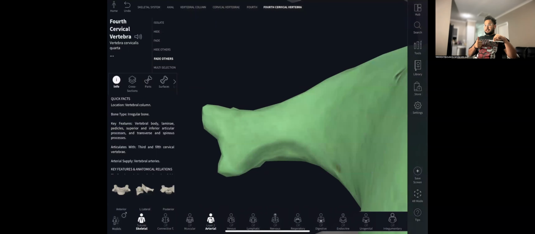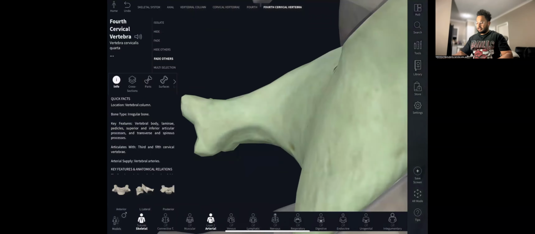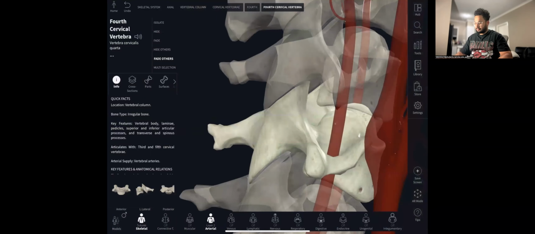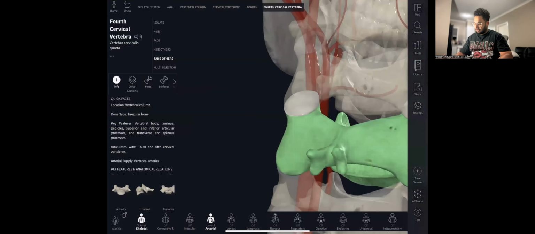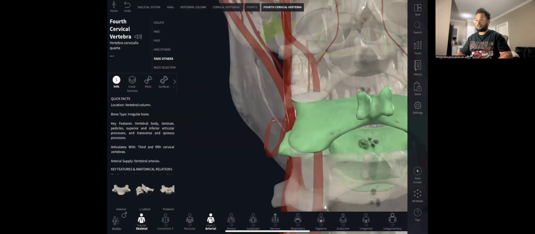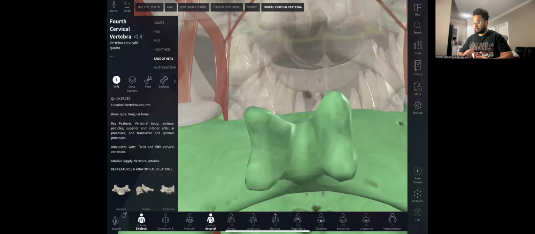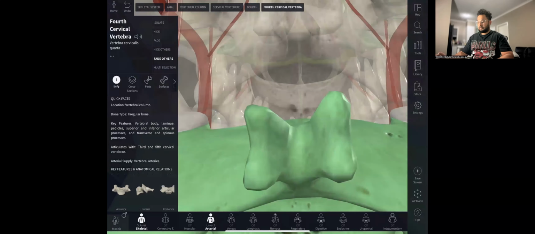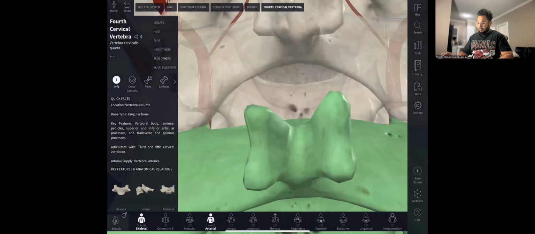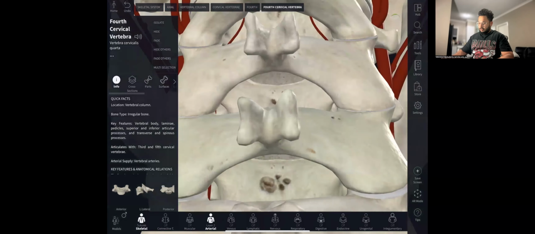Anything pointy is called a spine, and a process means it's sticking out of the thing. So it is called spinous process. It is bifid. Bifid means it has two faces. As you can see here, it basically has two faces, one on the left and one on the right. All good? Then, okay, we will write it down.